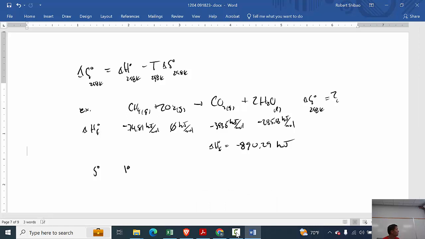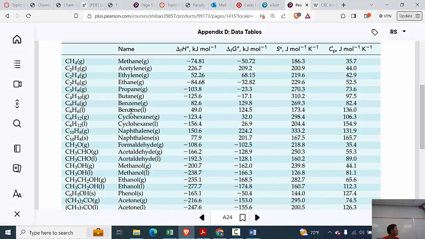It's methane. But the units here are different, so let me save some work and write the units over here. This is going to be in joules per mole Kelvin. But let's go back to the others.